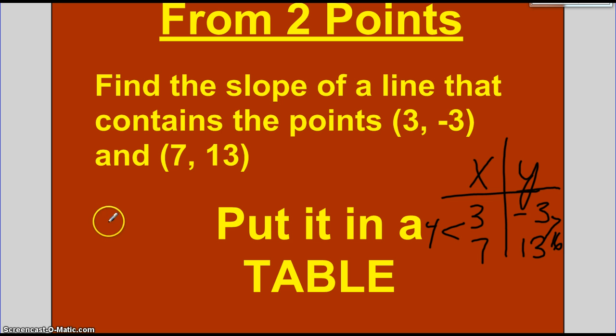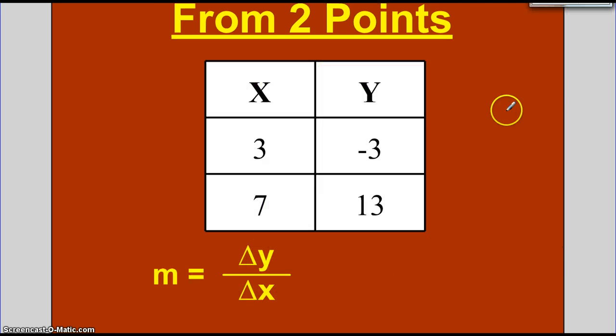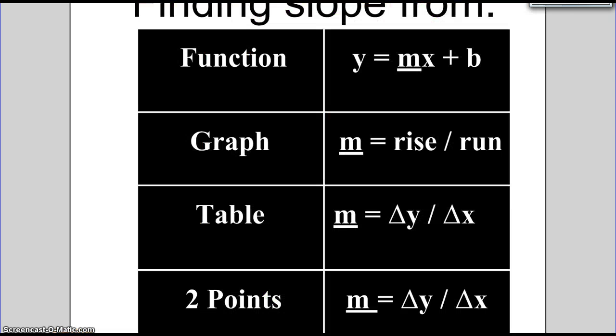So my slope should be 16, that's my rise, over my run, which is 4. What's 16 divided by 4? You should be able to tell me that it's 4. Same thing. Oh, already did it. See how fast it is?